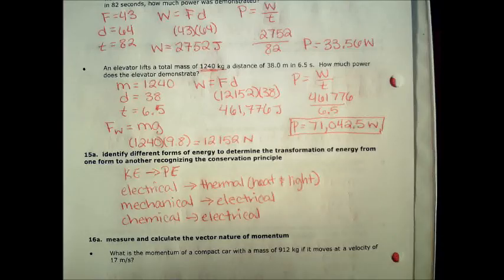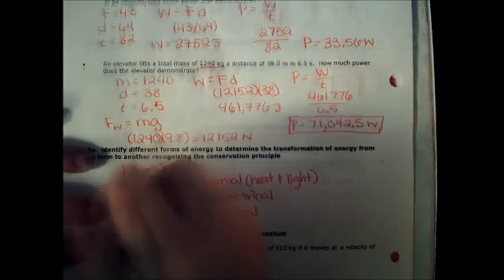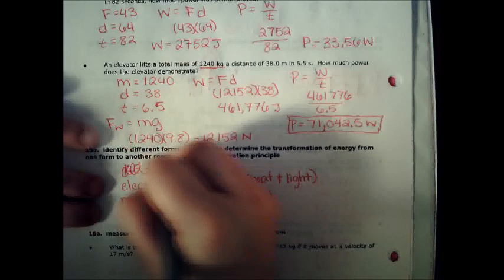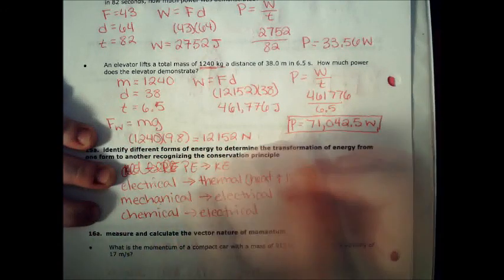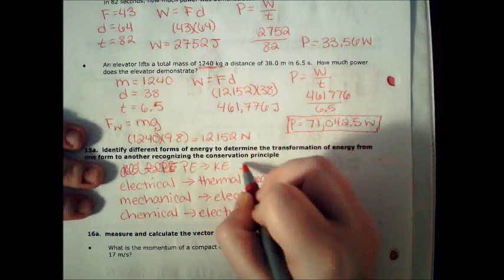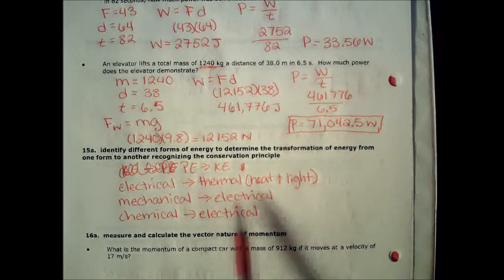Kinetic energy to potential energy. I wish I had done that one the other way around, although this is certainly possible. But the easier example is to go the other way, PE to KE. If you jump off something, then that's going to be PE to KE. Electrical to thermal. This is a light bulb.